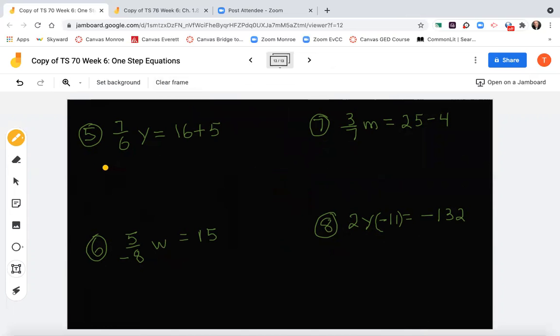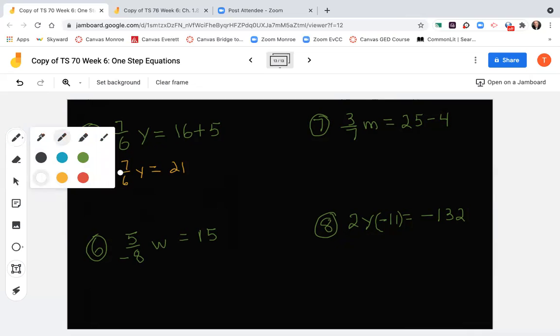Again, just looking at number 5 here, I'm going, hey, look at this problem here. 7/6y equals 16 plus 5. Well, if I want to just kind of rewrite it and simplify one step at a time, I could go 7/6y equals 16 plus 5 is 21. Then I can look at my problem and go, okay, how do I get y by itself? I'm going to multiply this side by, this is 7/6, so I'm going to multiply this by 6/7.